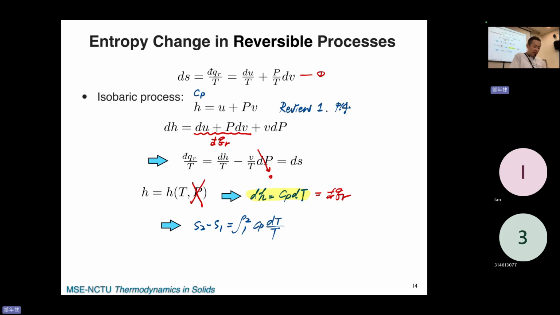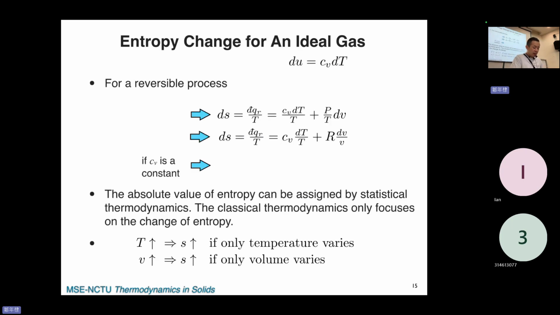Finally, we summarize all the entropy change in different types of reversible processes, and then we further narrow down. We add one more condition for ideal gas. Previously, we were not saying that they are ideal gas, although they're really similar to ideal gas, but they are not.